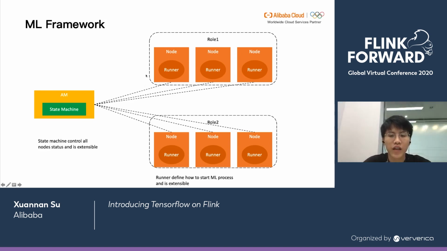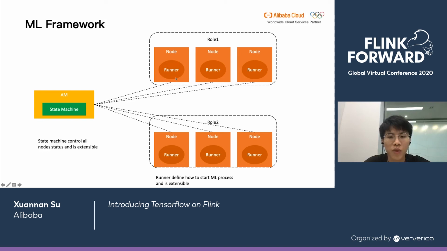The node, on the other hand, is responsible for running the actual machine learning algorithm. The node is responsible for setting up the running environment. For example, you need to have Python and TensorFlow in the environment in order to run a TensorFlow application. And in every node, we see there is an abstract runner inside.